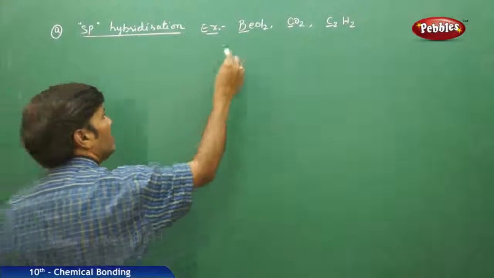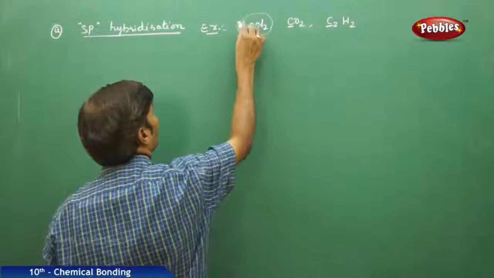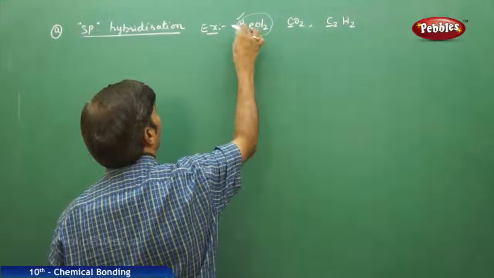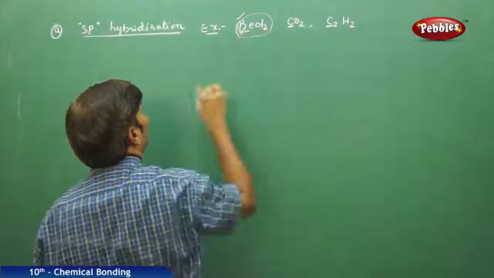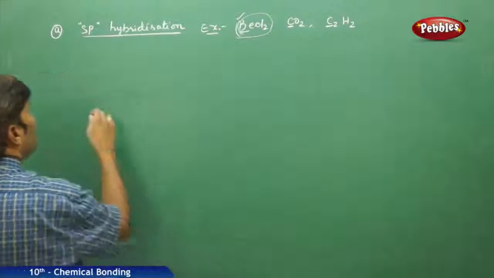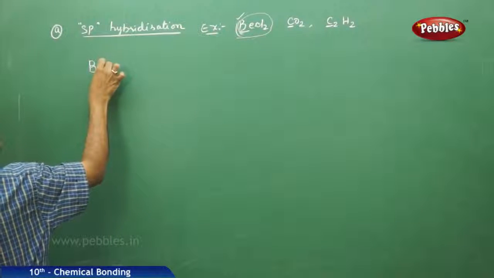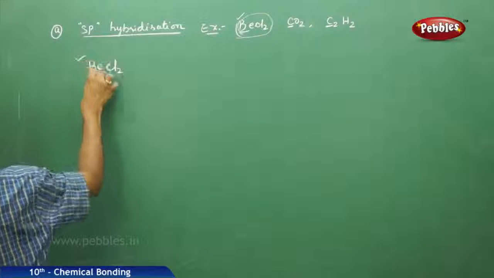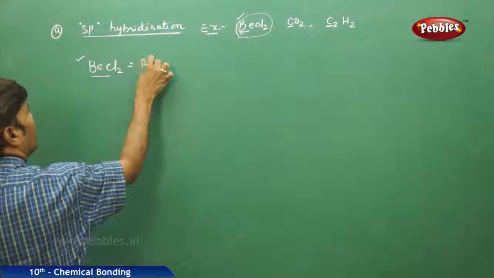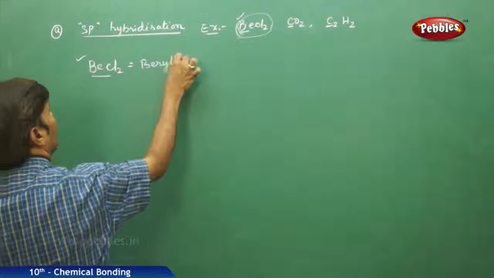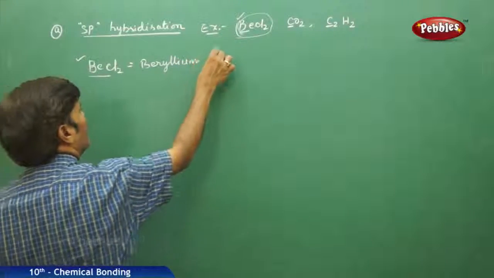But here, as the first example, let us discuss the sp hybridization in the case of beryllium chloride.